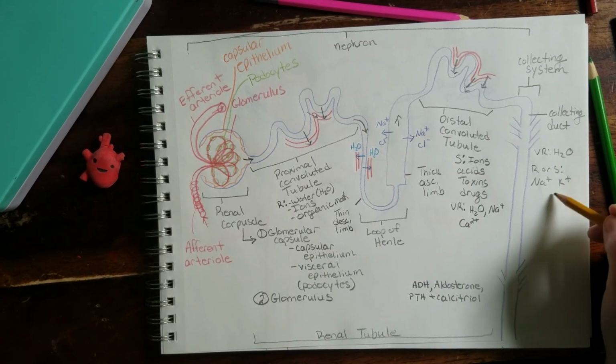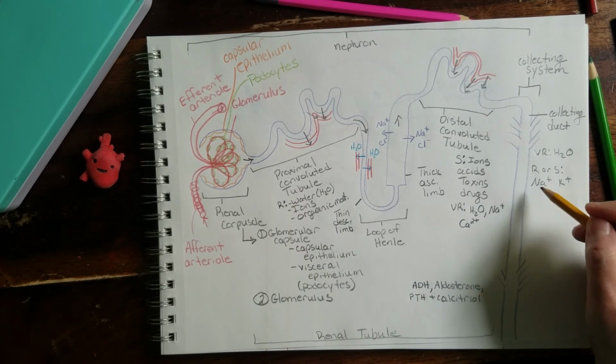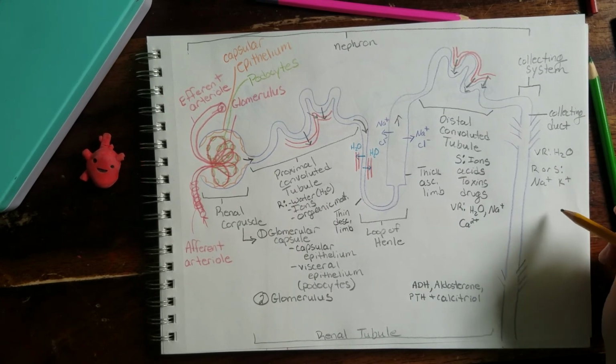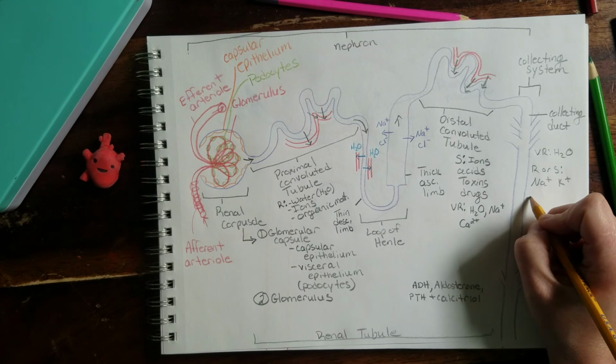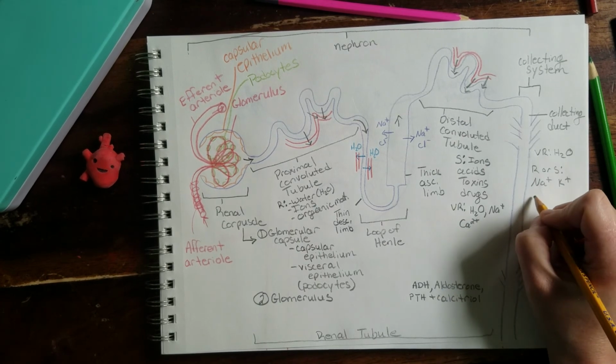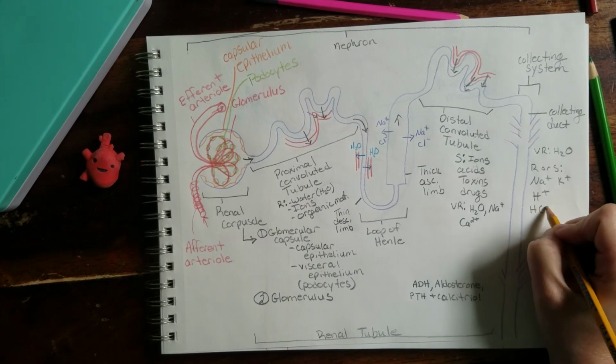Your body actually will exchange hydrogen and potassium as well in order to help maintain a balance. But aldosterone can act on the collecting duct and affect sodium levels. And then you also could have reabsorption or secretion of things like hydrogen and bicarbonate.